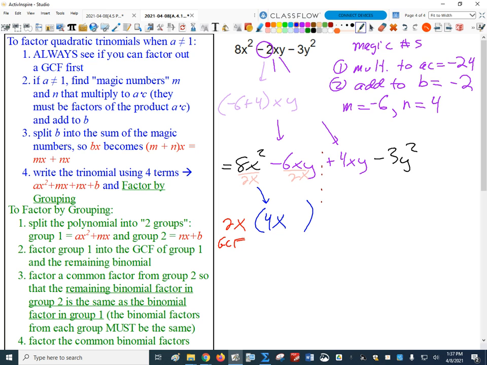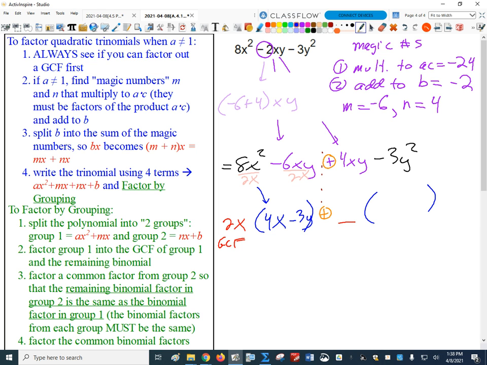-6xy divided by 2x. Everybody agree the x's cancel? So I'm going to get a -3y. And now remember, we've got this plus sign that separates the groups. In group 2, remember what has to happen with grouping. I know I'm going to get a GCF, something that I can factor out, and the leftover binomial factor.